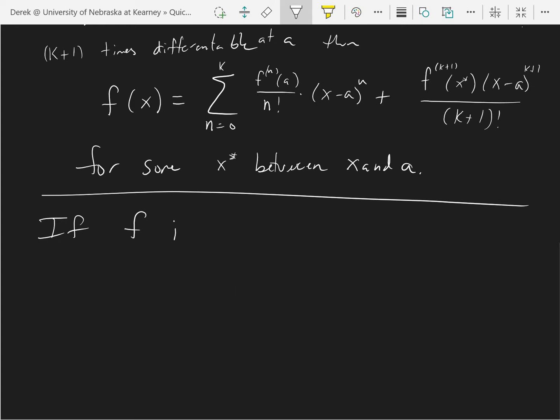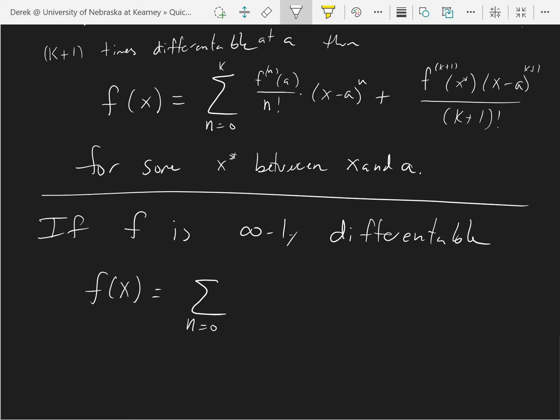If f is infinitely differentiable, f of x is equal to the sum from n equals 0 to infinity of the nth derivative at, say, a over n factorial times x minus a to the n.